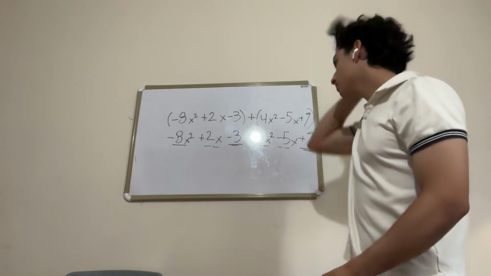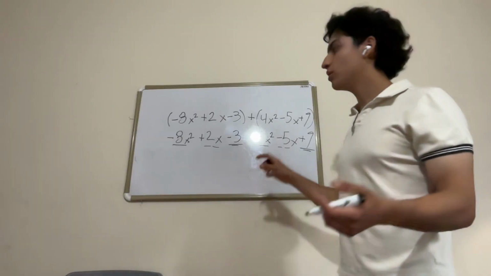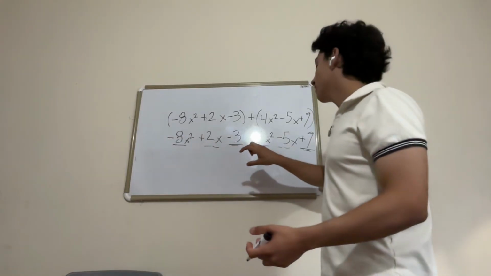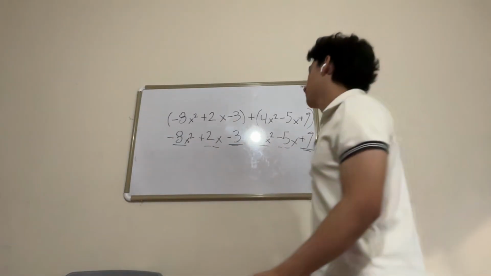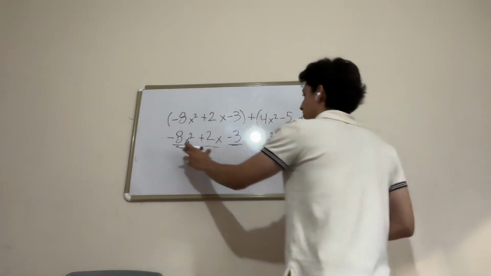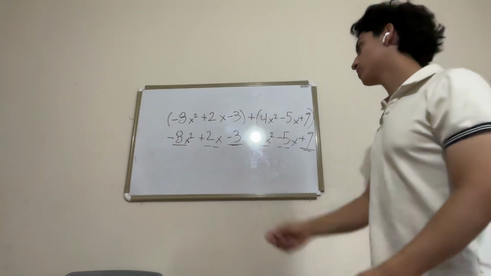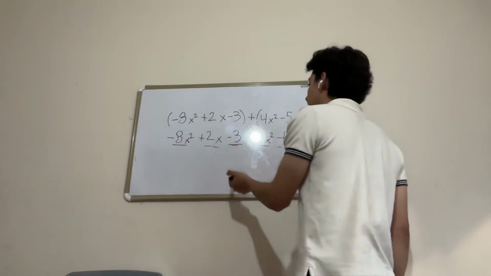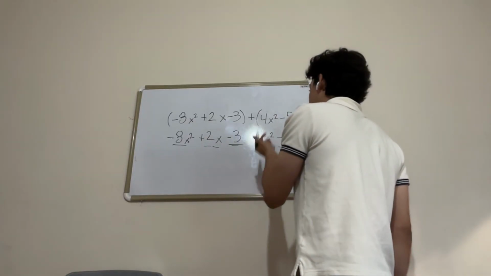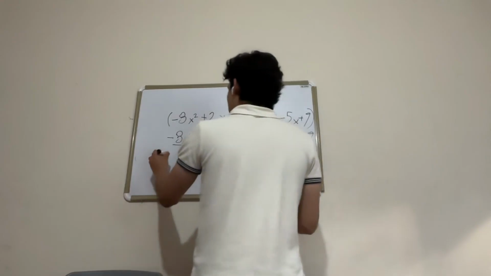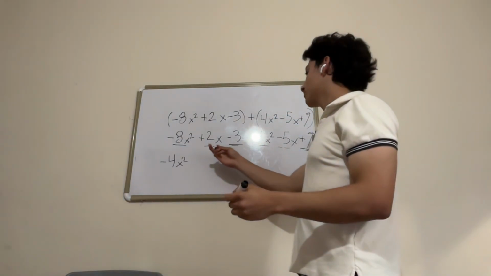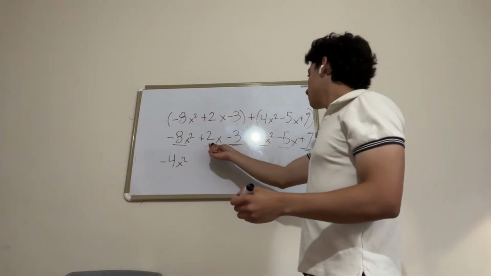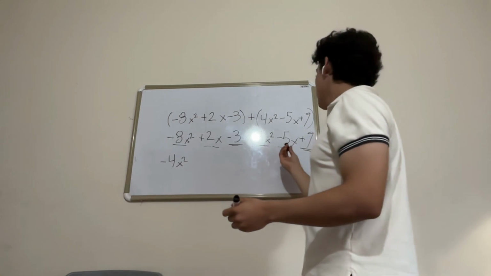So let's start. Obviously, you can go on and write them down in a much easier way, for example, put the like terms together, but I'm just gonna do it the way it is right now. So in this case, start with this one. -8 plus 4. In that case, you're gonna have -4. There you go. Now let's go with the second term, like terms. +2 minus 5.